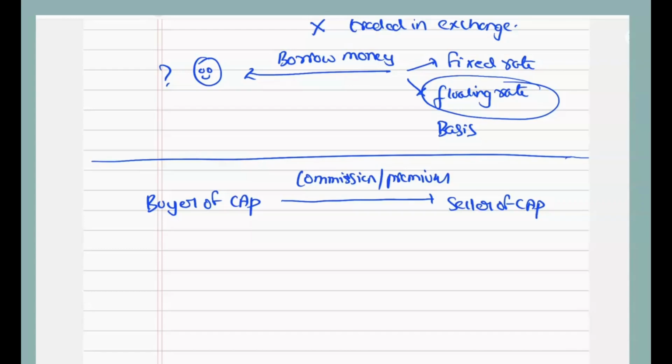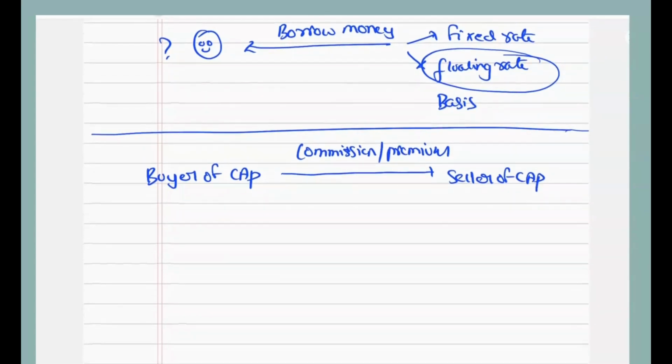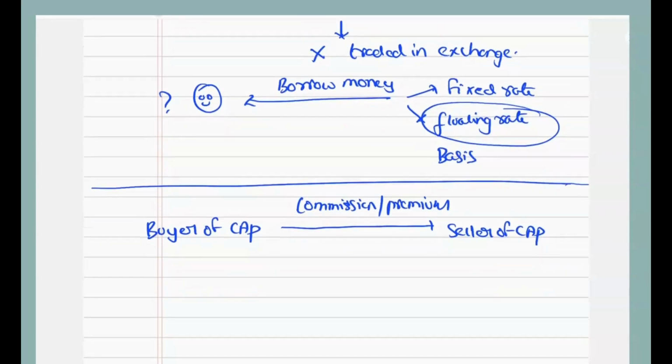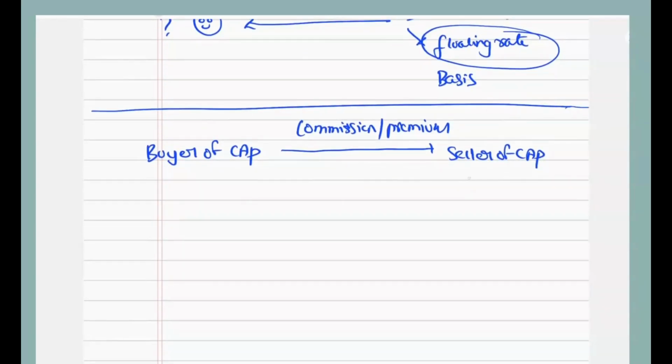Suppose the floating interest rate is unfavorable to you, then you enter into the contract called cap. The loss from the interest rate that you bear is compensated by the seller of the cap.